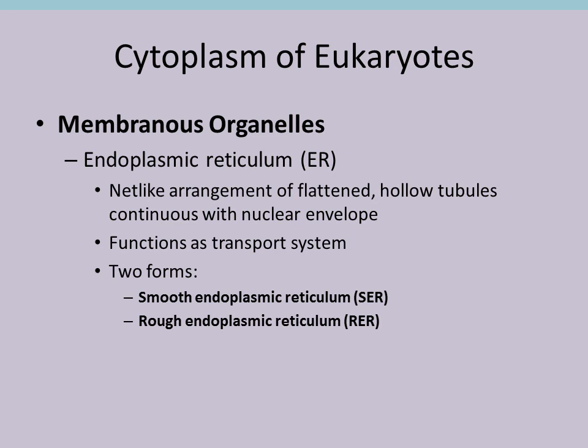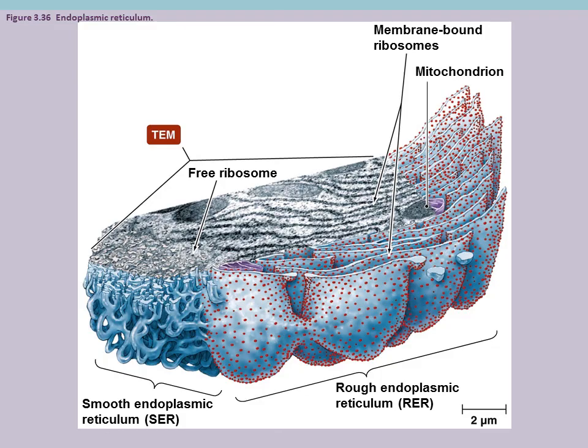There are two types of endoplasmic reticulum: the smooth ER and the rough ER. As you can see here in the picture depicting them, the surface of the smooth ER looks very smooth. There's nothing attached to it. The rough ER looks like it has little bumps on it.